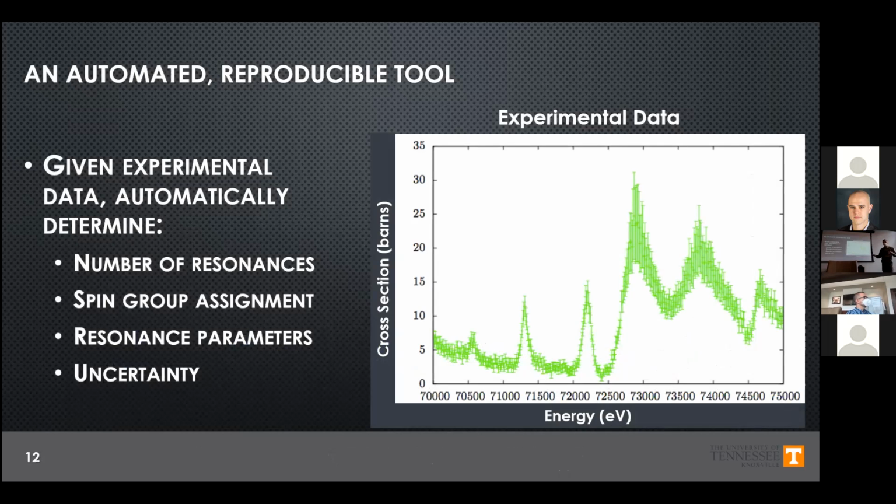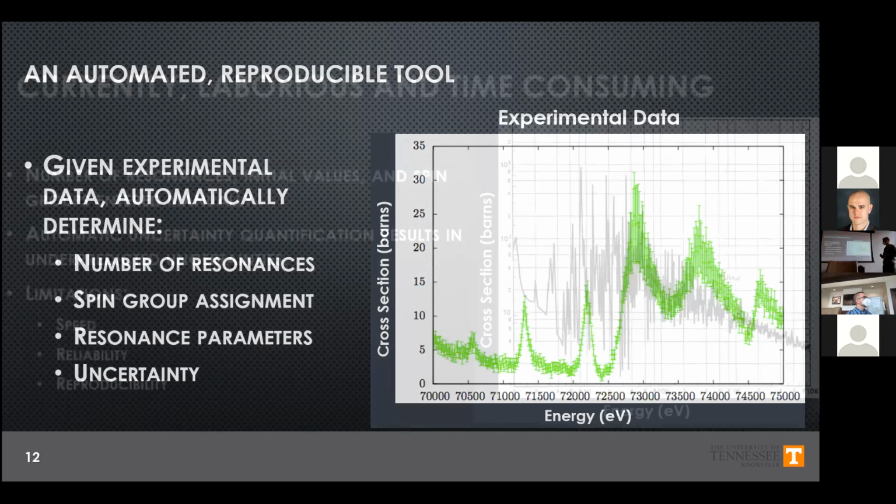Those big spikes or bumps in the probabilities are our resonances, and our cross-section can be parameterized via those resonances. So given this experimental data, we're going to be able to tell first how many of these bumps are there, how many jumps in the probability exist, because that number is not known, and then be able to determine what the proper parameters are to fit those resonances and provide an uncertainty on the values as well.